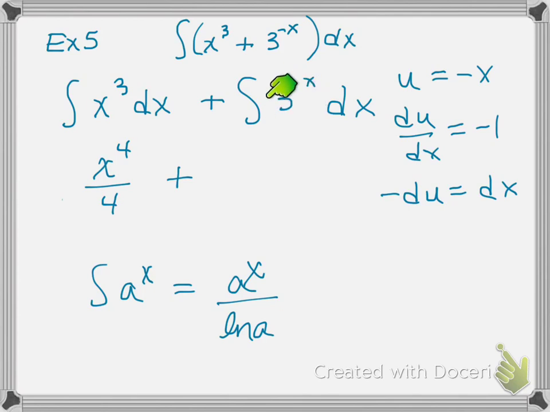So now if I substitute that in right here, I'm going to have 3 to the u du. And now this works with my integration formula because I now just have a u, so I can say that my integral or antiderivative of this is 3 to the u over ln of 3.